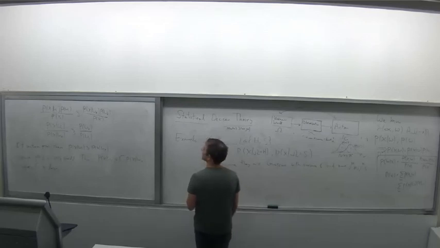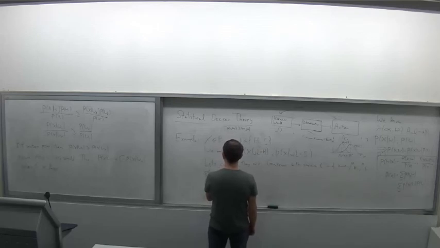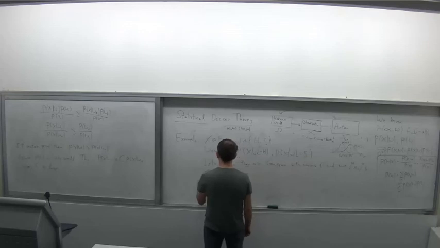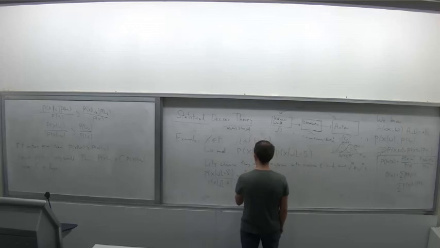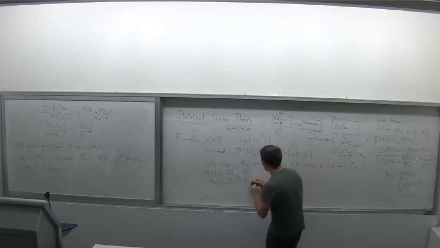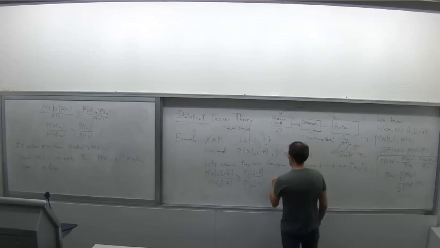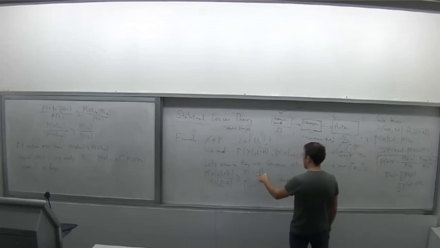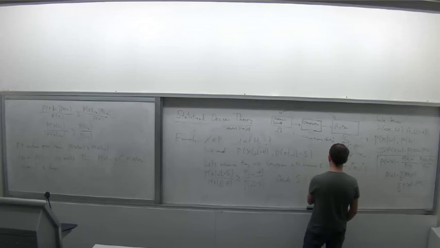You need to look at P of x given omega equals s, P of x given omega equals h, and whether that's greater than the probability of omega equals h over the probability of omega equals s. That's right. So decide s if this is true.